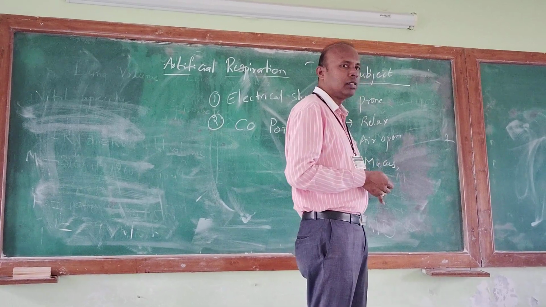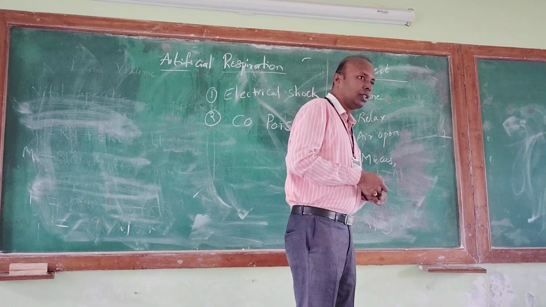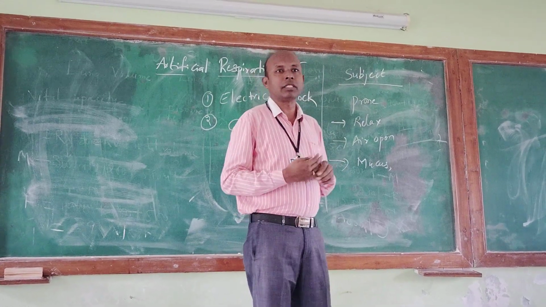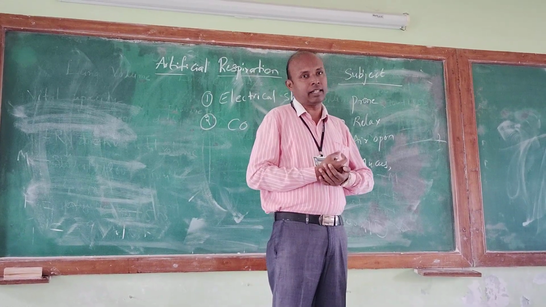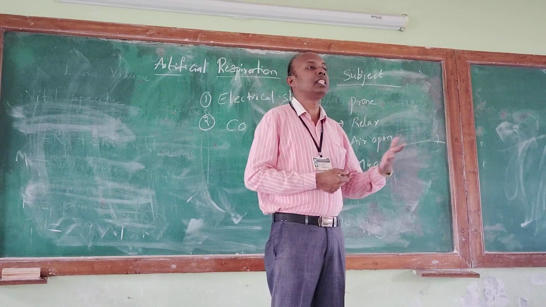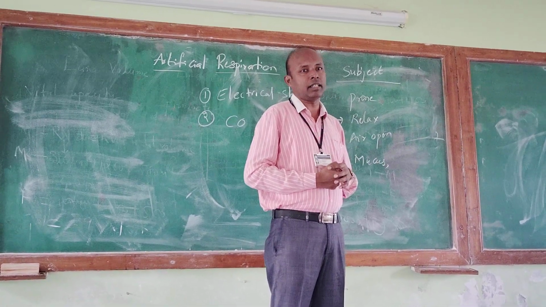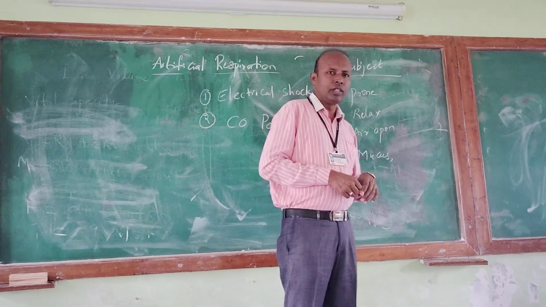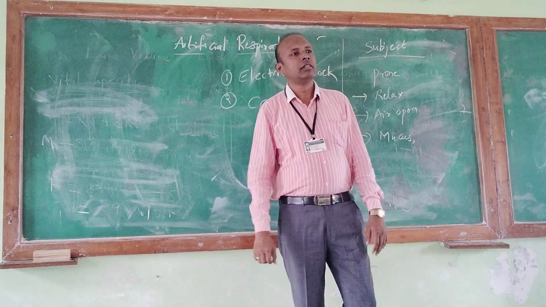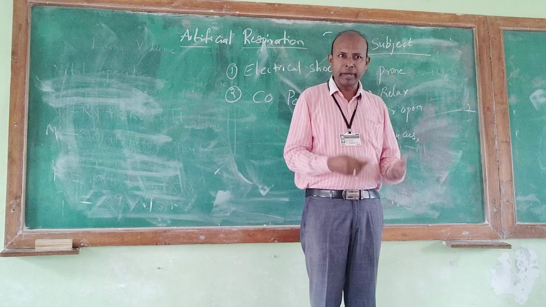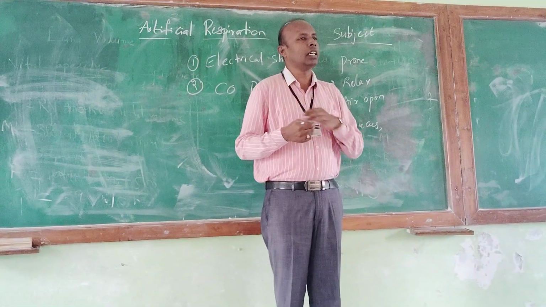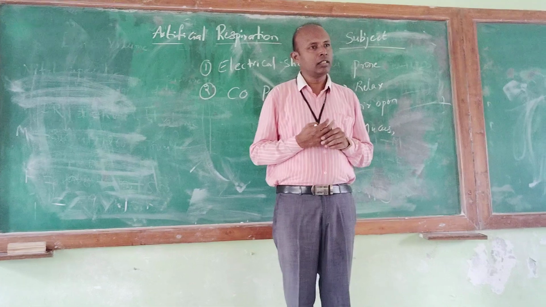The person who does this process is called the resuscitator, like a facilitator. We should kneel down in front of the patient at the level of the chest, beside the shoulder.